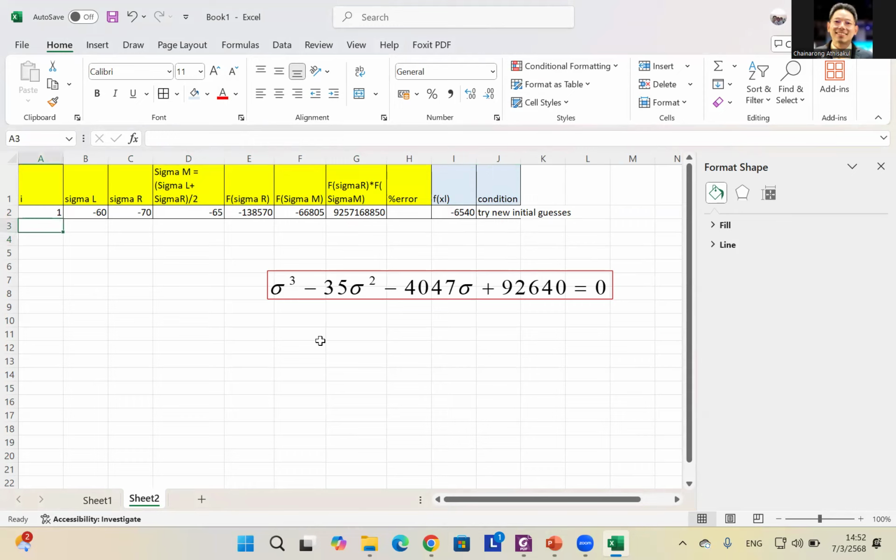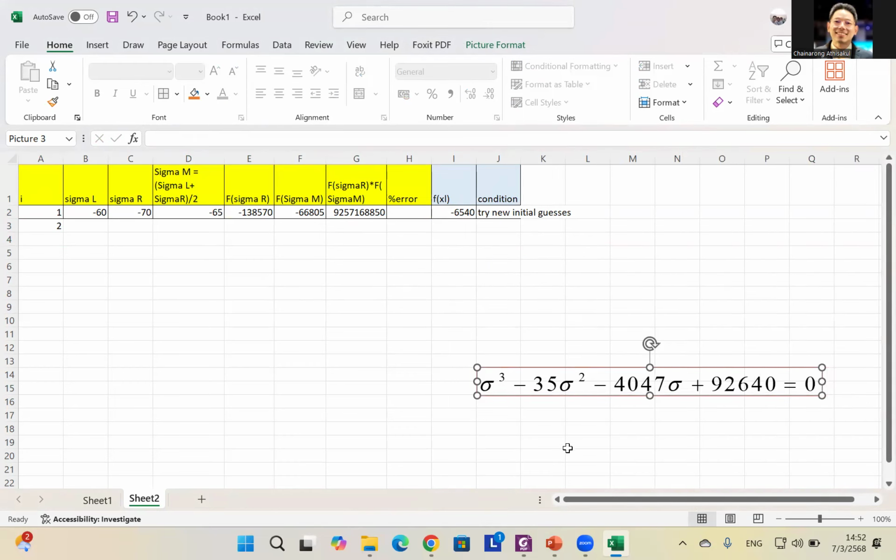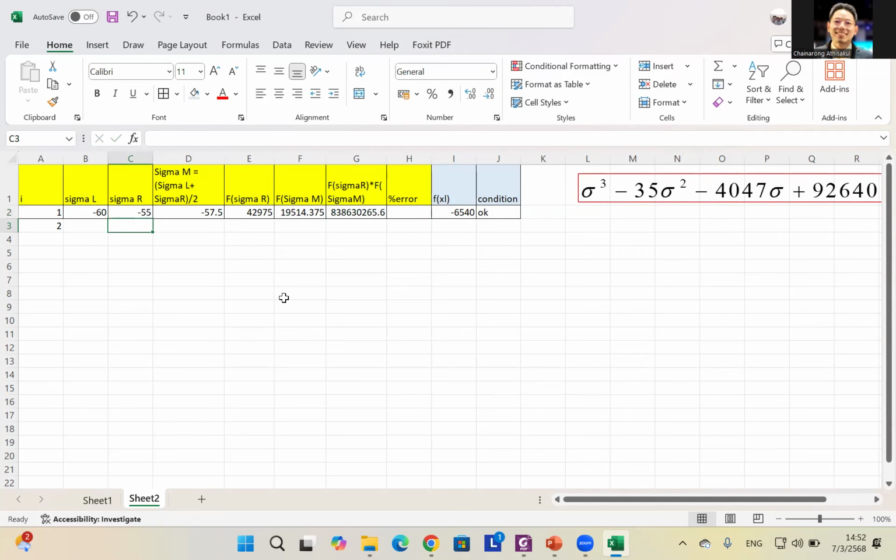Now we move to step 2, right? I change it back to showcase that reflect first, so minus 55. Then confirm that fxl multiplied with fxr is less than 0.